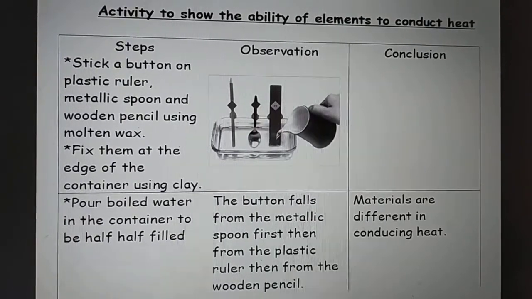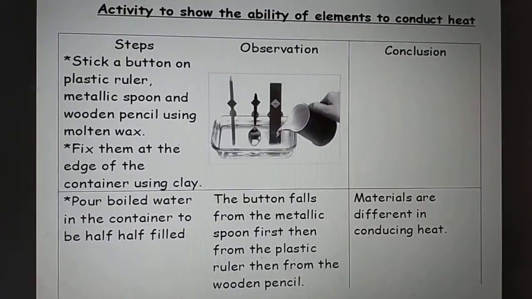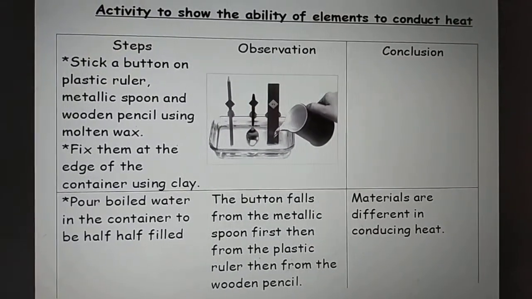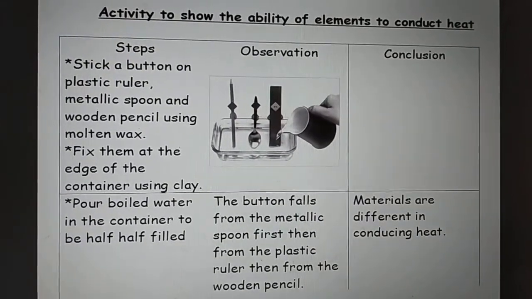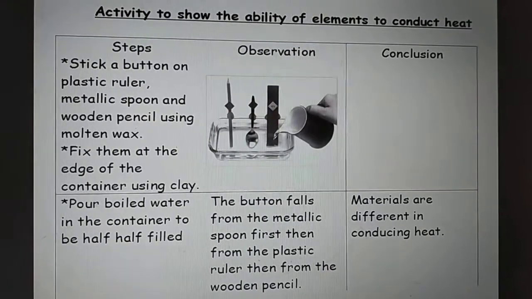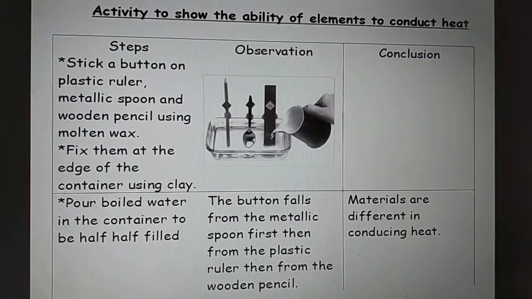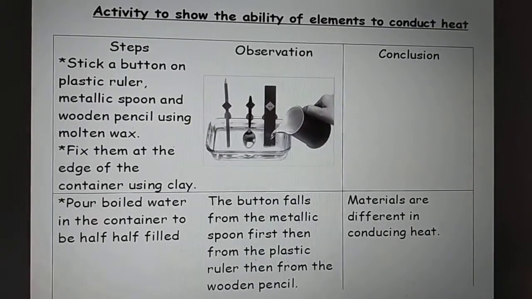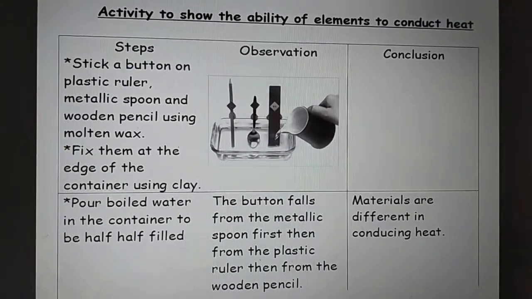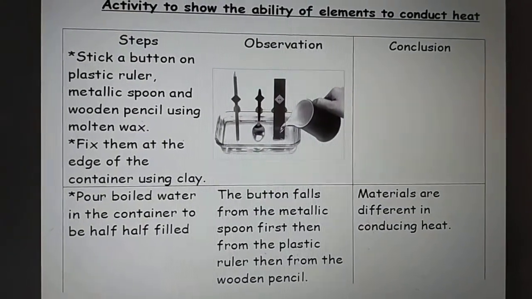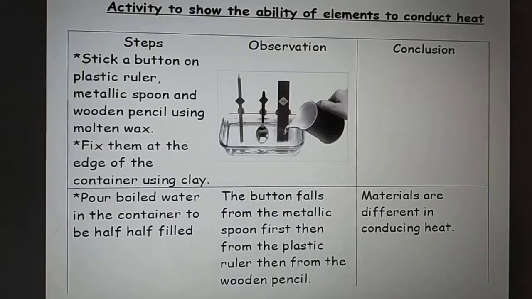Then we pour boiled water in the container to be half filled. You will observe that the button falls from the metallic spoon first, then from the plastic ruler, then from the wooden pencil. So our conclusion here is that materials are different in conducting heat.